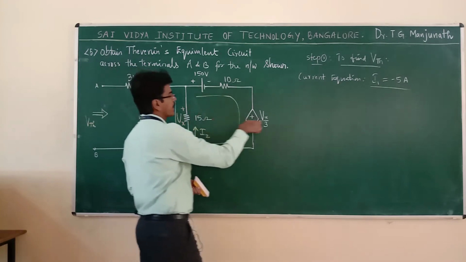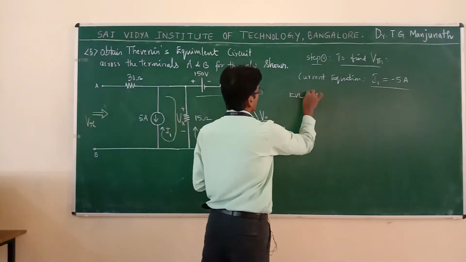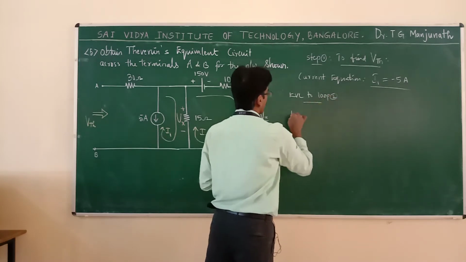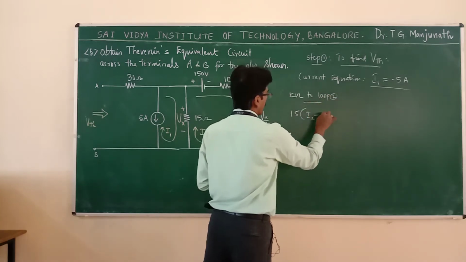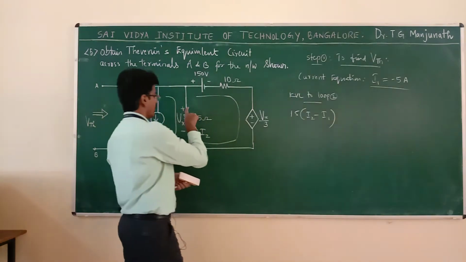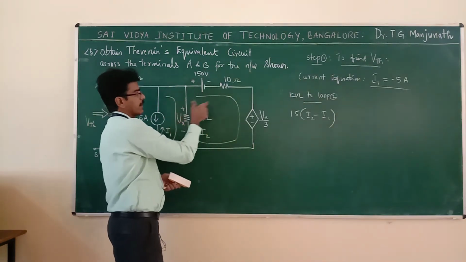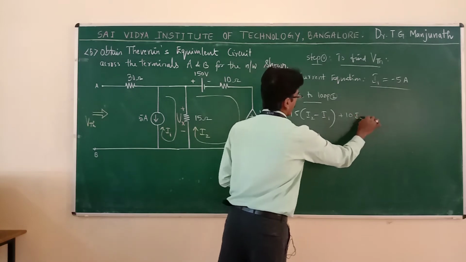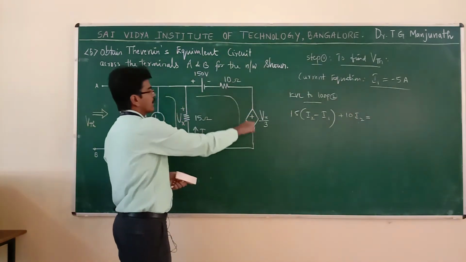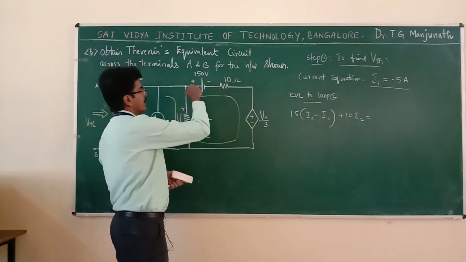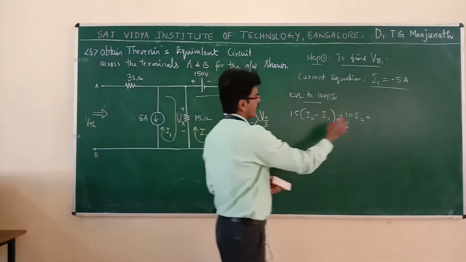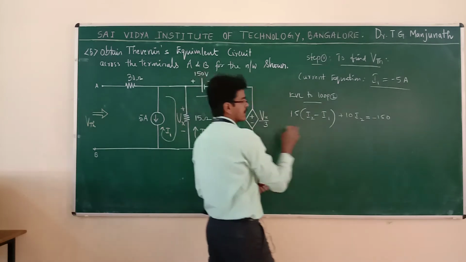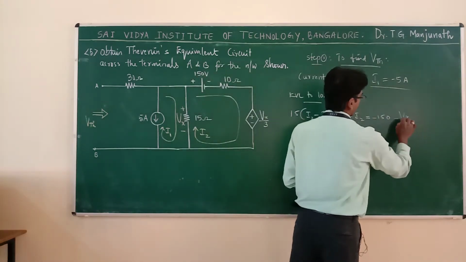KVL to loop 2 is given by 15 (I2 minus I1) plus 10 I2 is equal to, moving clockwise, plus 2 minus is minus 150, plus 2 minus is minus Vx by 3.